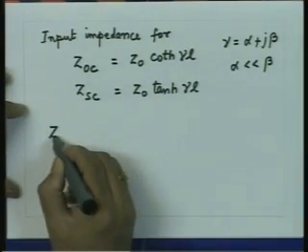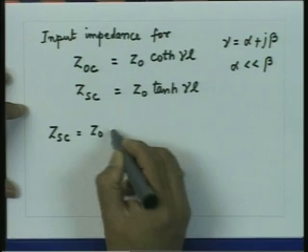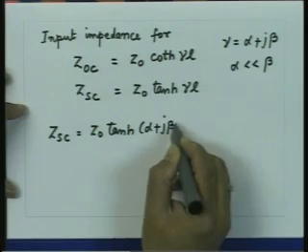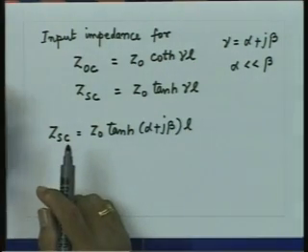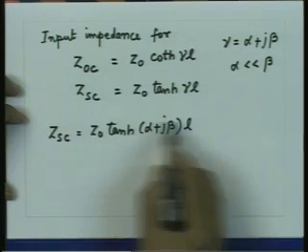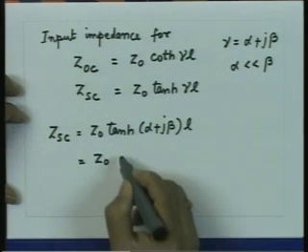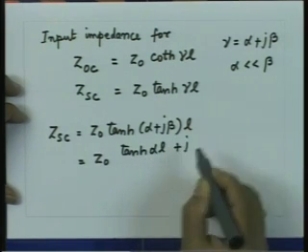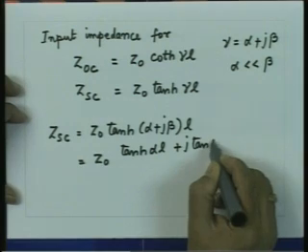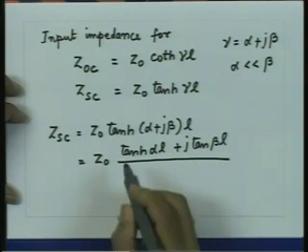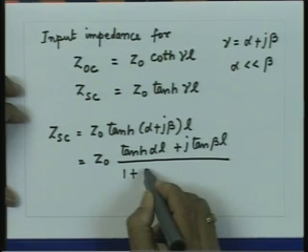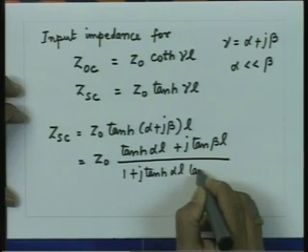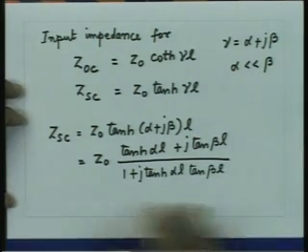So, from here I can get ZSC equal to Z0 tanh of (alpha plus j beta) L. I can expand this, so that will be Z0 times (tanh alpha L plus j tan beta L) divided by (1 plus tanh alpha L times j tan beta L).